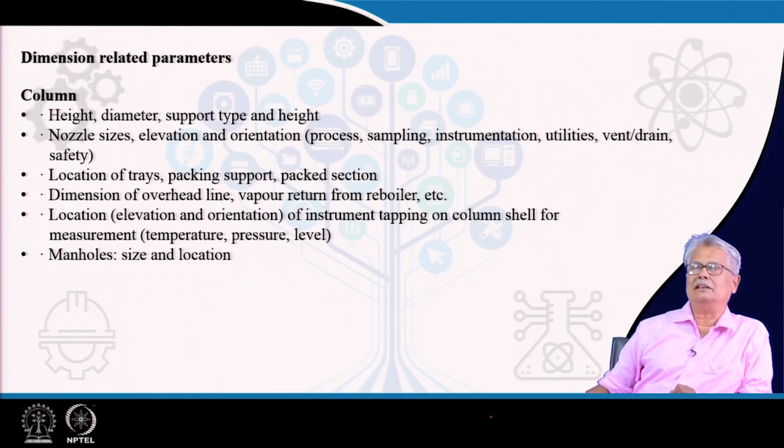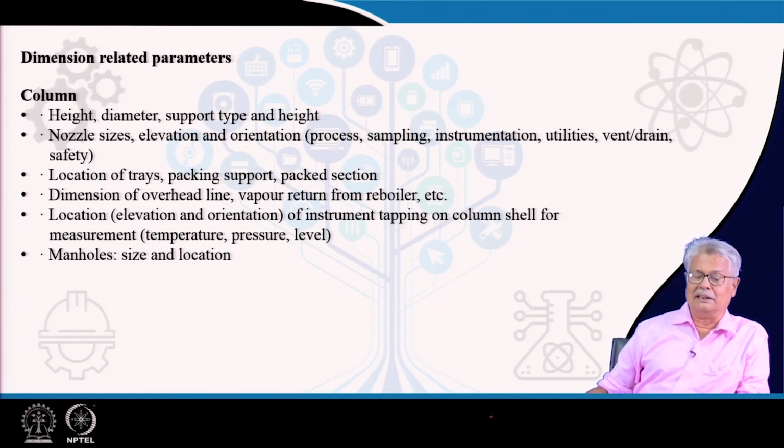When you are finally making a summary of the design, before that you have to generate all dimensional parameters which are listed here. This set of output is going to be the design basis, or rather the basis of drawing for making a fabrication drawing, which will be given to the fabricator for fabrication, and ultimately this will become your column itself.